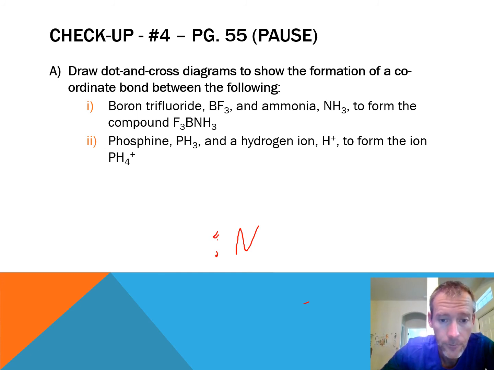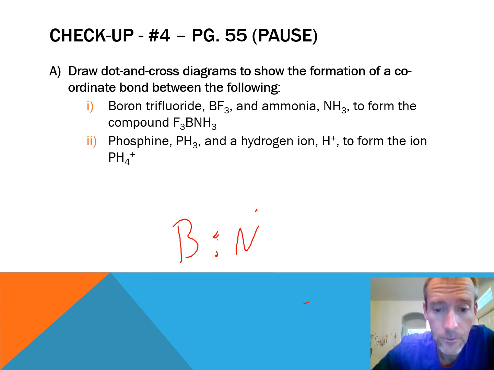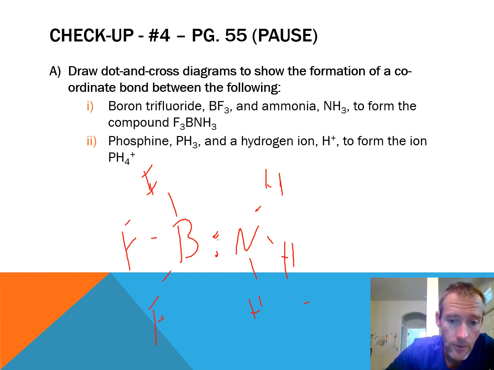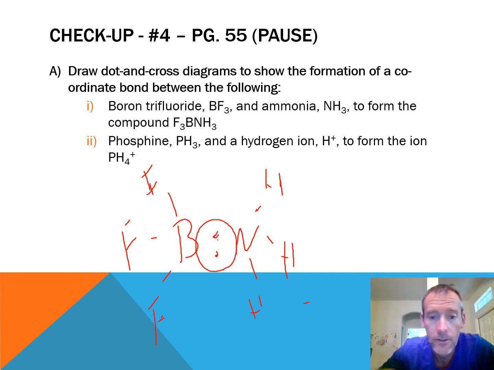Okay, and there's a boron, and then we're going to show hydrogen and fluorine, like so. So this is the coordinate bond between boron and nitrogen. Okay, so it's clear.